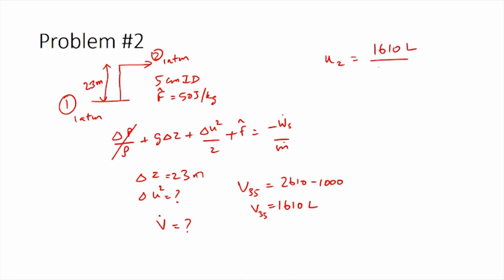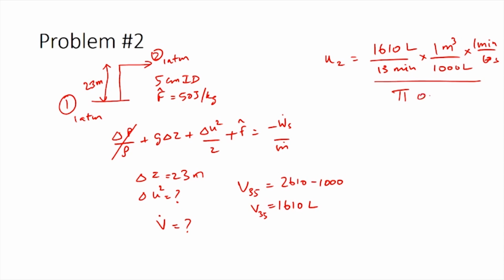So, linear velocity at point 2 would be equal to 1610 liters divided by 13 minutes, times 1 meter cube per 1000 liters, just for converting them to meters, and the minutes can be converted to seconds as 1 minute contains 60 seconds. So, this now gives you the volumetric flow rate in meter cubes per second, and this can be divided by the cross sectional area, which would be πr².